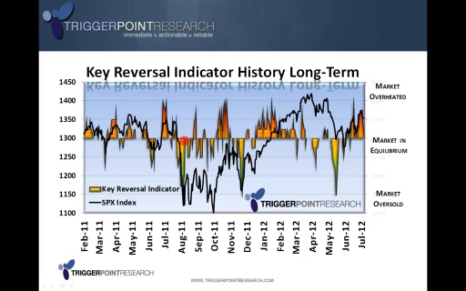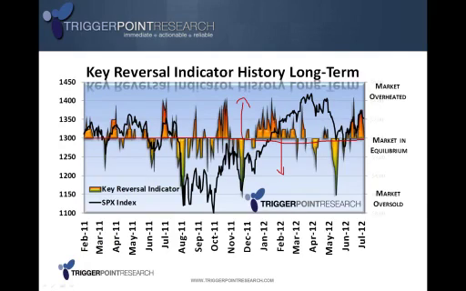This center line right here means market in equilibrium. Below the line, markets are oversold to a degree, and above the line, markets are overheating.